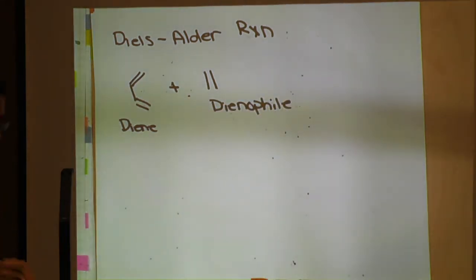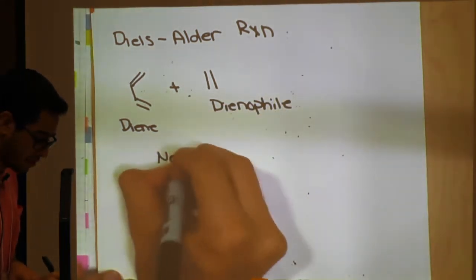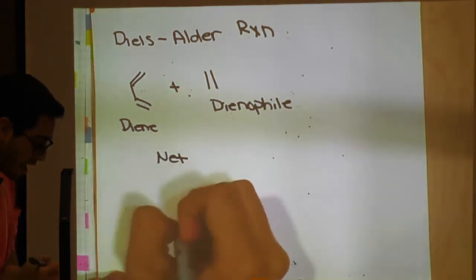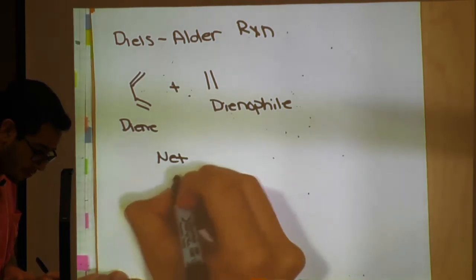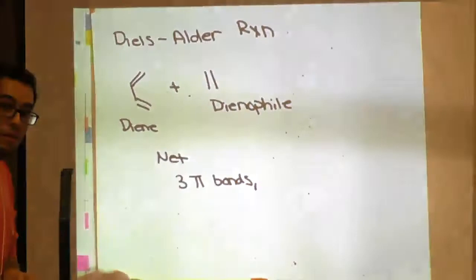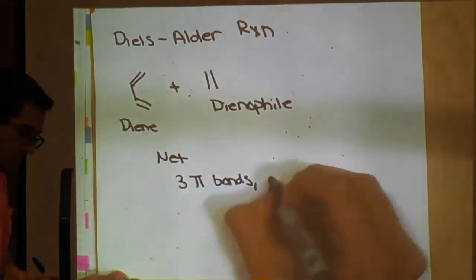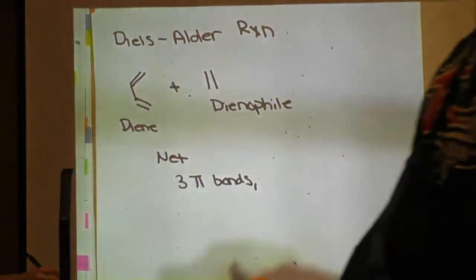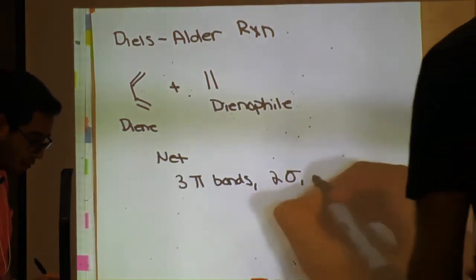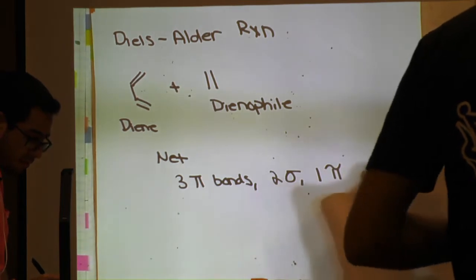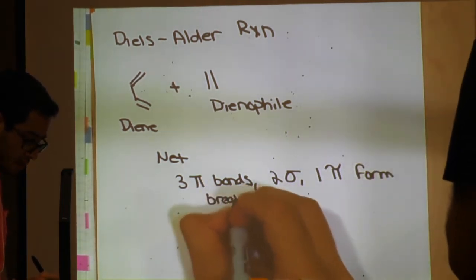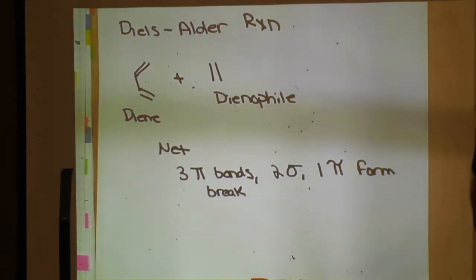So essentially, if we look at the net product of what this is going to create, at the end we're going to have a net of 3 pi bonds breaking, and then 3 bonds forming, being 2 sigma and 1 pi. So that's some offhand info.